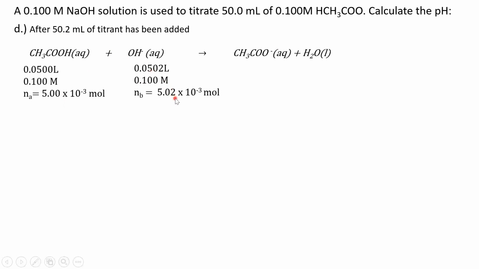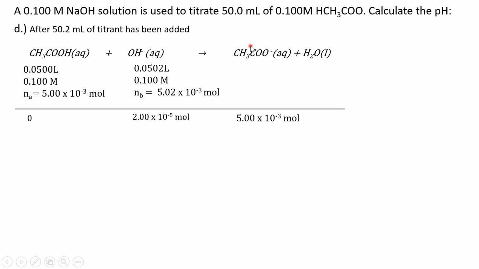That means the hydroxide is the limiting reactant, or sorry, is the excess reactant. The acid is the limiting reactant. So all of the acid is going to be reacted. Most of the base is going to be reacted, but we're going to have a little bit left over.